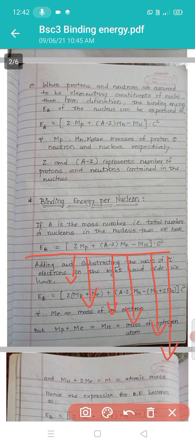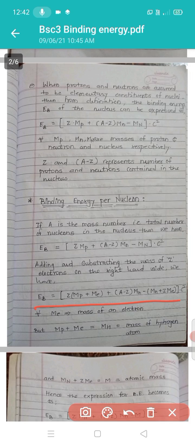Adding and subtracting the mass of Z electrons on the right hand side, in this equation we can add Z Me and subtract Z Me.